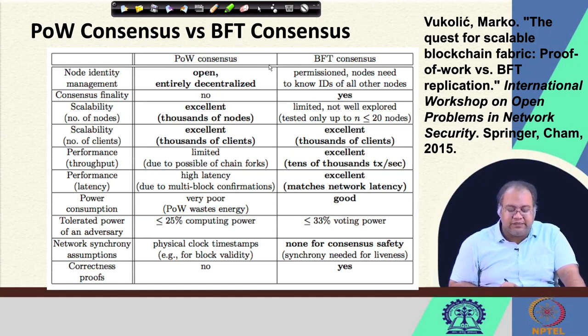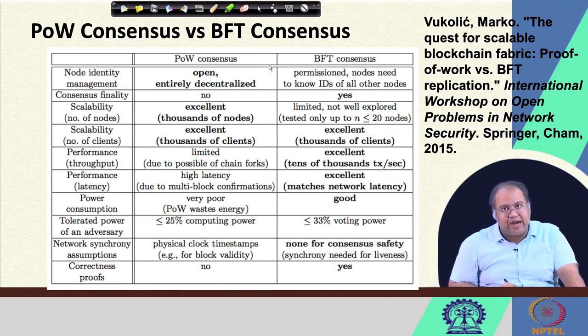In terms of latency, proof of work has high latency because you need to mine a block, whereas BFT consensus has excellent latency, it is limited by network latency. The power consumption is very poor for proof of work, as we have seen earlier. Proof of work wastes energy, whereas it is good for BFT consensus.